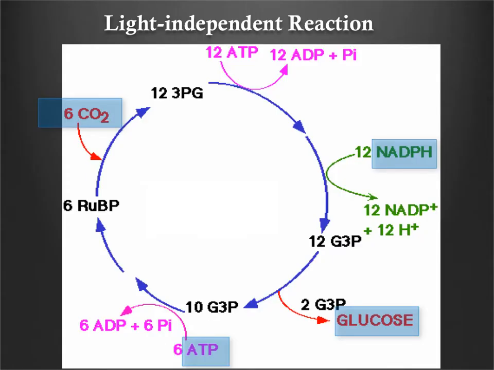So the light-independent reactions, or what's also called the Calvin cycle, is literally a cycle. It goes around, it starts and ends with the same molecule, starts and ends with this 6-RUBP. It's using energy from NADPH and energy from ATP to drive the synthesis of glucose in the Calvin cycle.